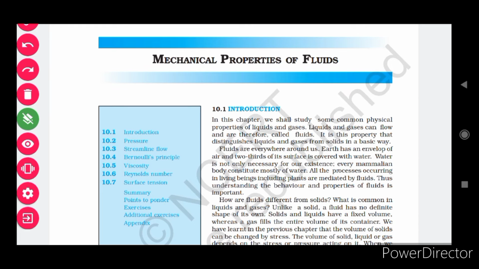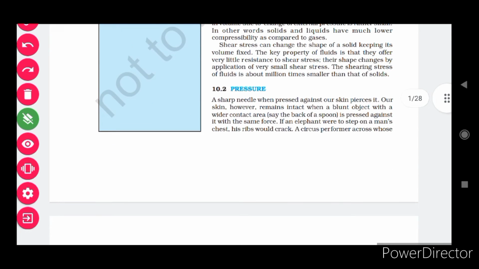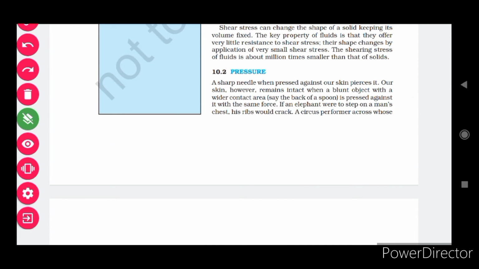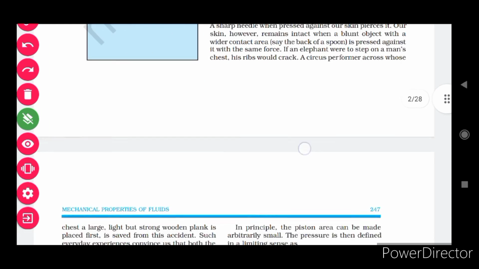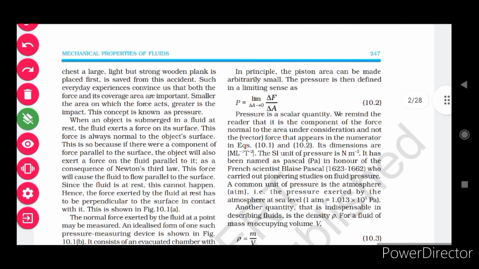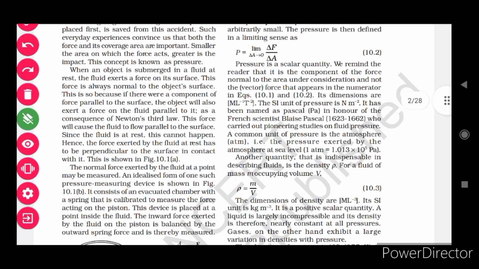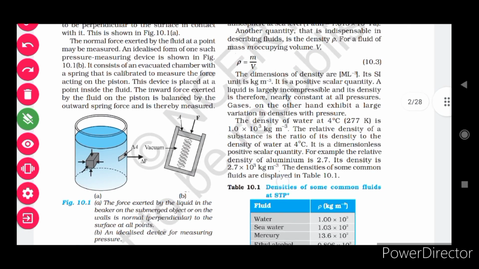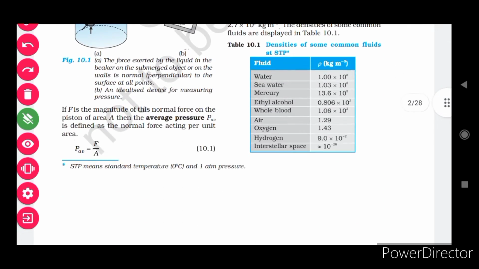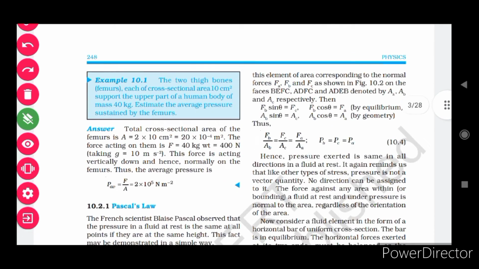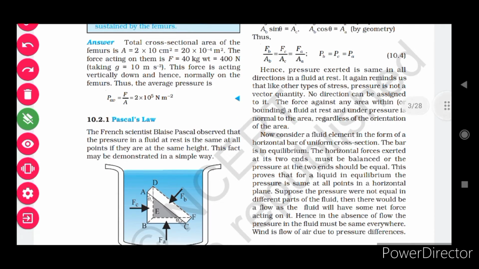So obviously we are discussing fluids, and in the previous video we discussed pressure, and we obtained the formula of pressure, its unit and dimension. Then we discussed density and relative density, and after that we discussed Pascal's law. So what was Pascal's law?